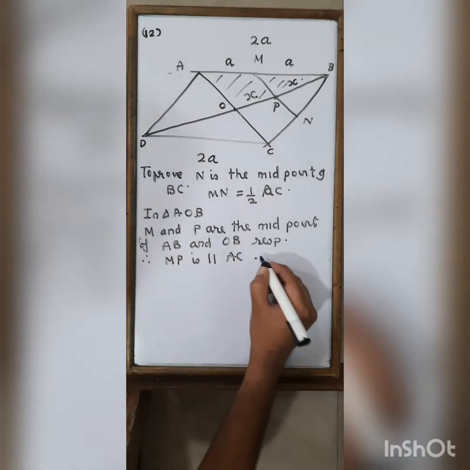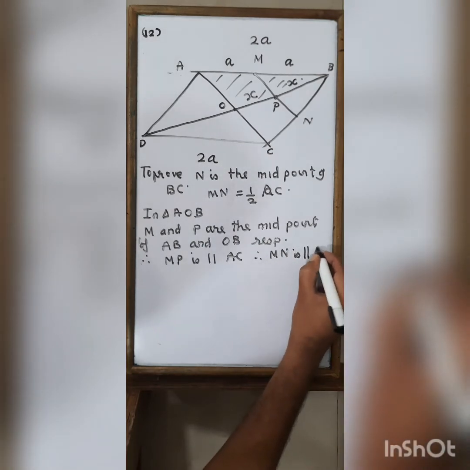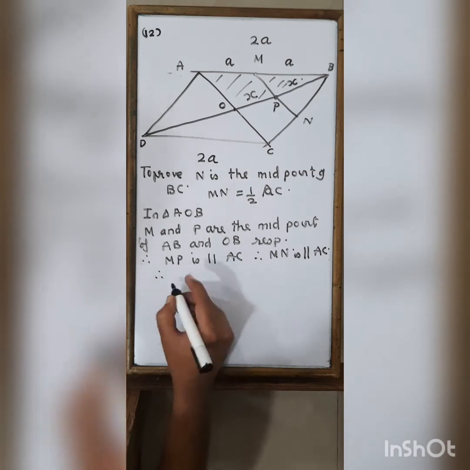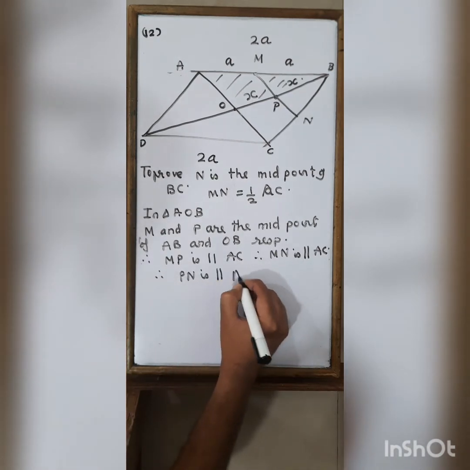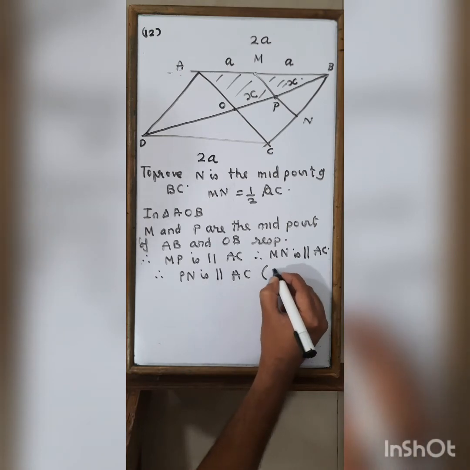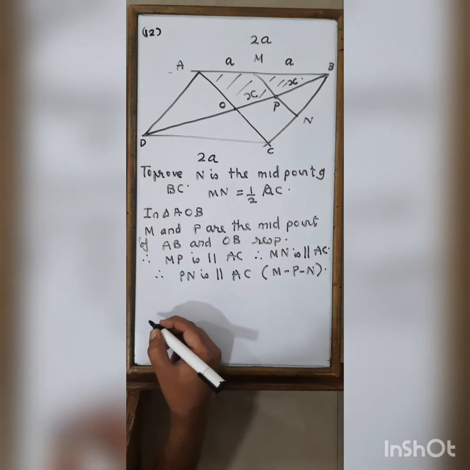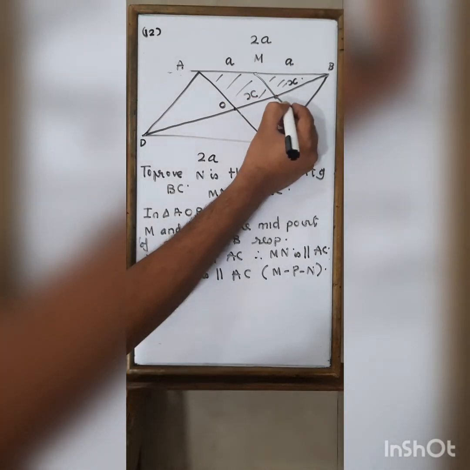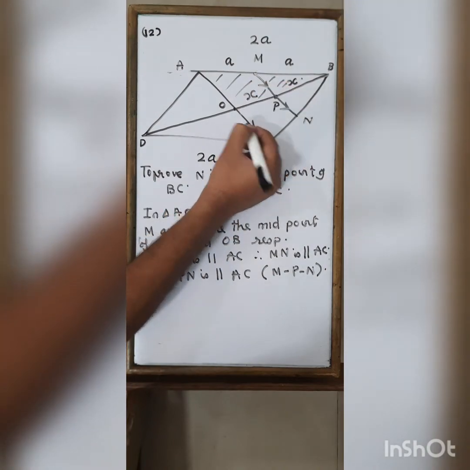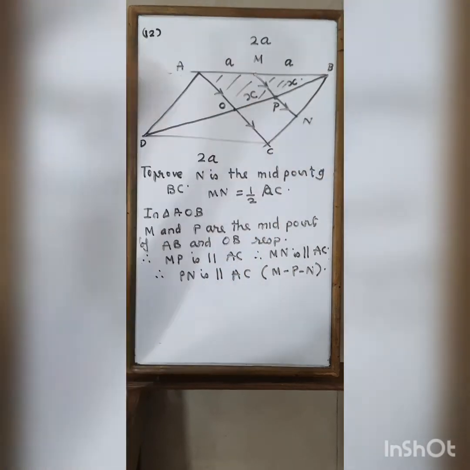Therefore, can I say MN is parallel to AC? Therefore, can I say PN is parallel to AC? And what will be the reason? M, P and N are in a straight line, right? So therefore, now what do I get? This PN and this, they are parallel. This is the most important thing. I have to prove that this is parallel to this.